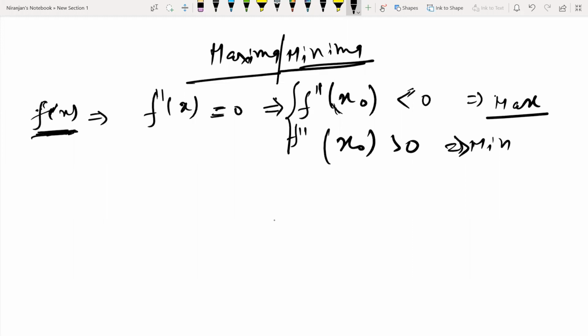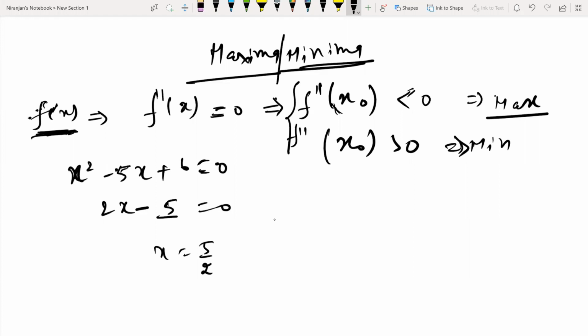Let's just do one example. If you have x squared minus 5x plus 6, equate the derivative to 0: 2x minus 5 equal to 0, x equal to 5 by 2. What would be the double derivative? The double derivative is 2, right?